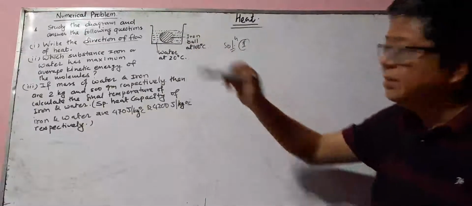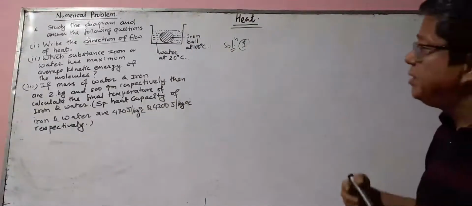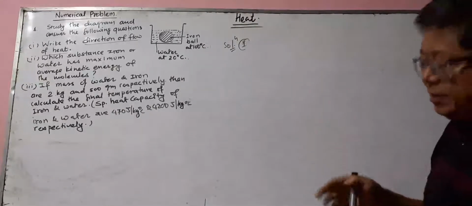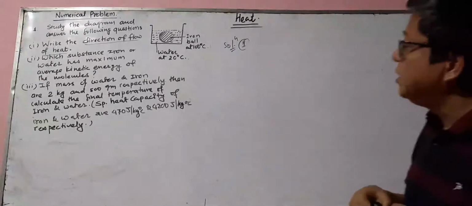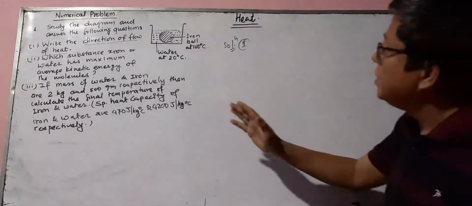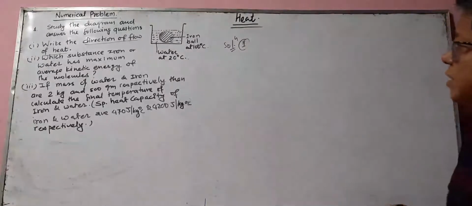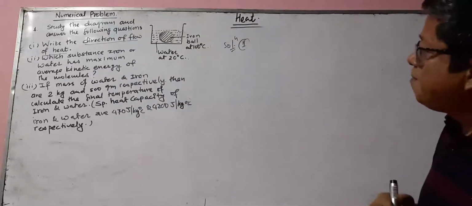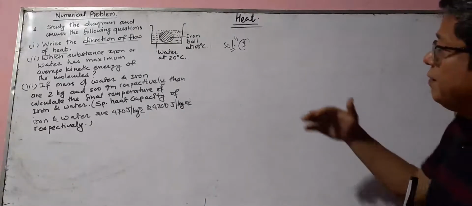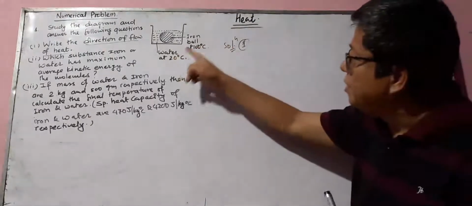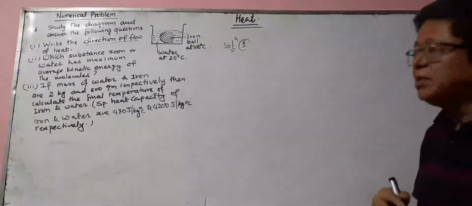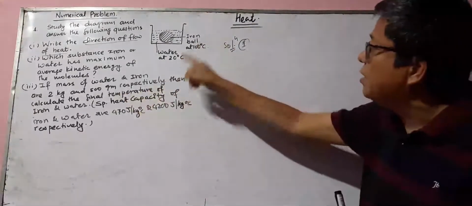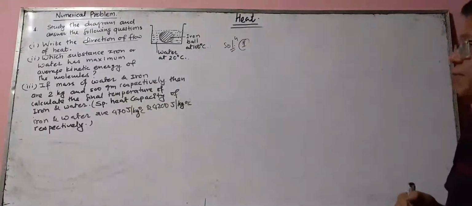When it is dipped, there is a transfer of heat between iron and water, and after certain time they have the same temperature. Then the temperature of water and iron ball becomes equal, and that equal temperature is the final temperature of iron and water. We have to find that temperature.